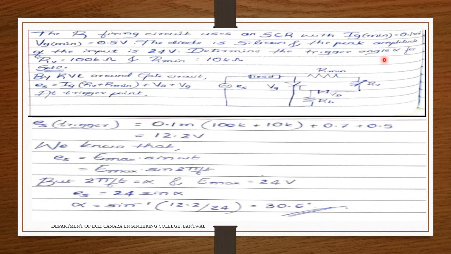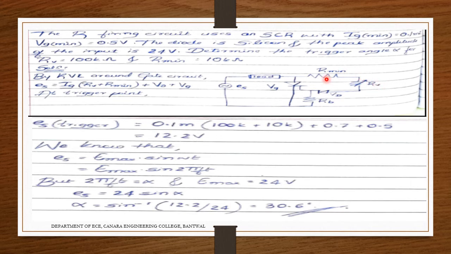Determine the triggering angle alpha for Rb equal to 100 kilo ohm and R minimum equal to 10 kilo ohms. So for that we need to draw the circuit, the R firing circuit, connected to the load, with a thyristor here, and this is Rb and this is Vd, because the diode is there, and Rv, the variable resistance, with this as the minimum resistance.